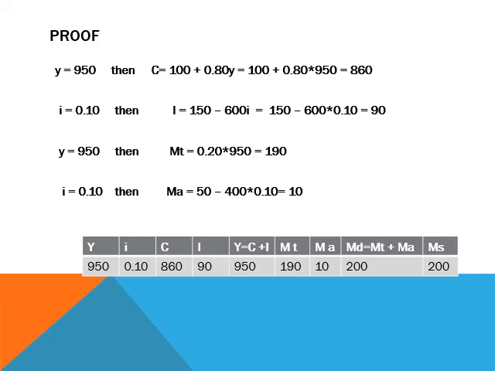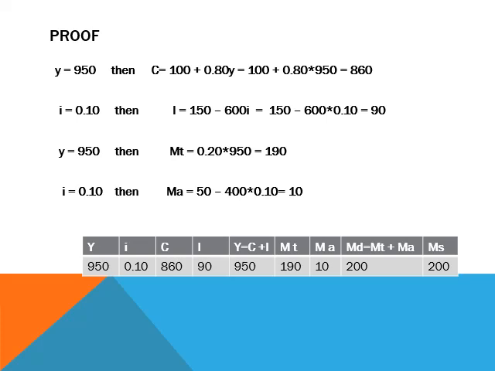MT, as shown by the above calculation, equals 0.20 multiplied by 950, which is 190. MA, as the result of calculation, also equals 10. MD equals MT plus MA. 190 plus 10 equals 200.